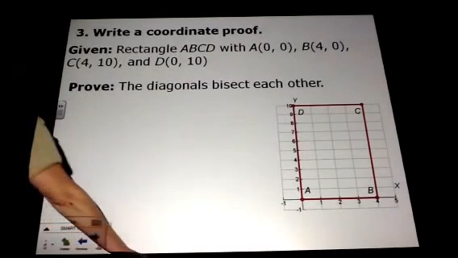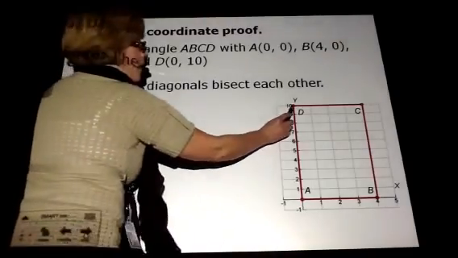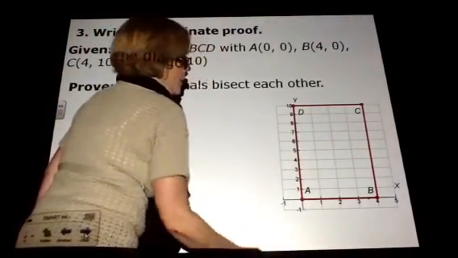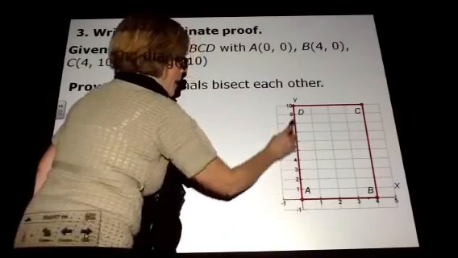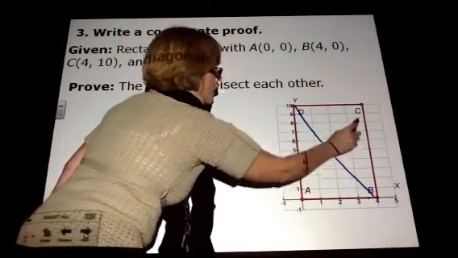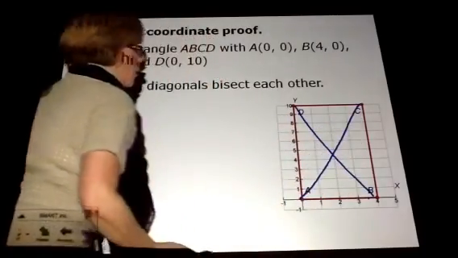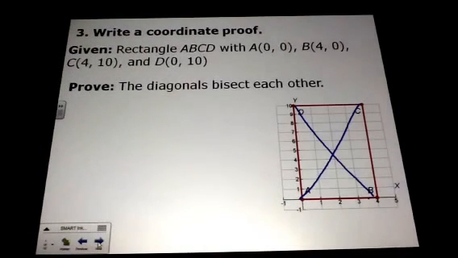Our diagonals are DB and CA. We want to know that they bisect each other.